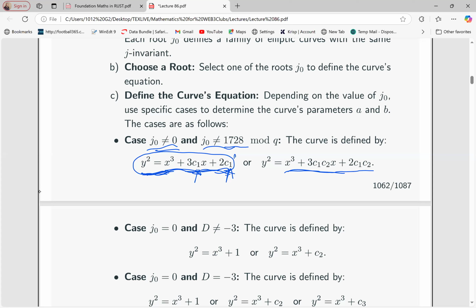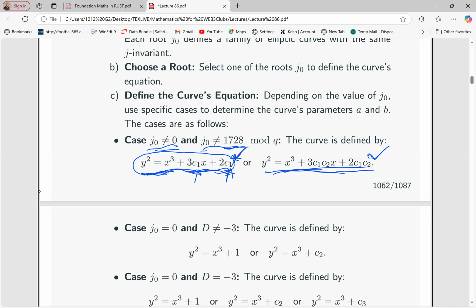If this failed to give you the number of points you wanted, then this one will give you the points you wanted. Now, that is a case where the J invariant is not equal to 0 and at the same time is not equal to 1728.